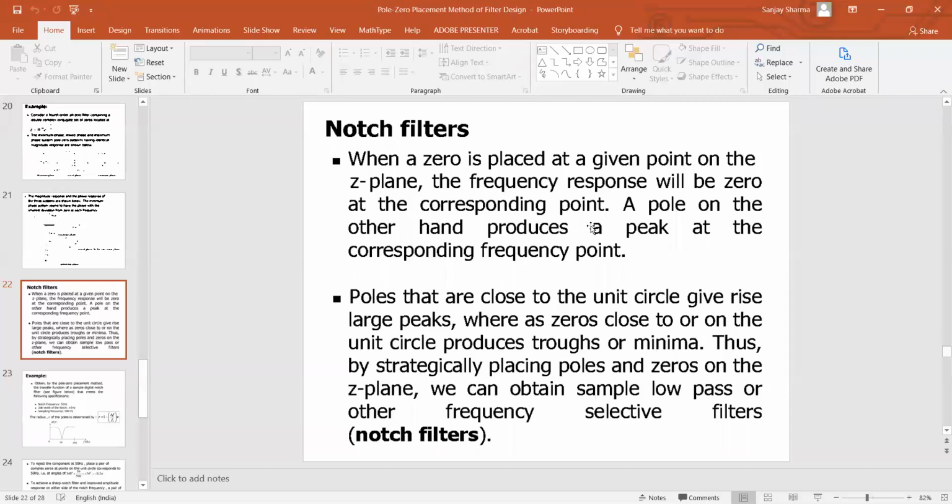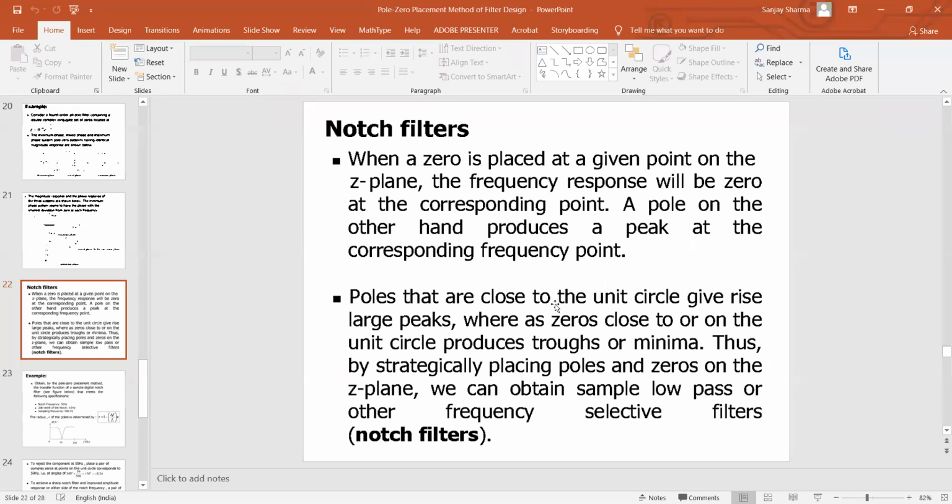A pole, on the other hand, produces a peak at the corresponding frequency point. You must understand this. Whenever you place a zero, the response will be 0 at that point. Whenever you place a pole, it gives you a peak at the corresponding frequency point.